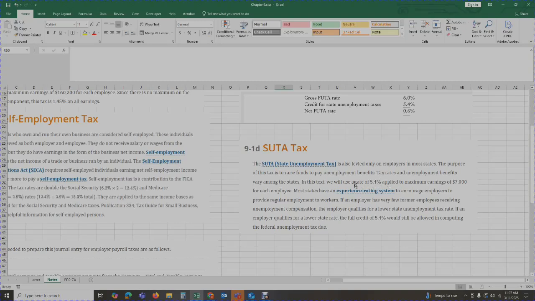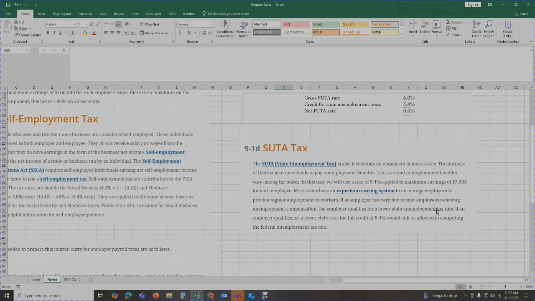Okay, so we are given a rate of 5.4% on the first $7,000 of earnings. Okay. If an employer has very few former employees receiving unemployment compensation, the employer qualifies for a lower state unemployment tax rate. It incentivizes you. If people are not going to the unemployment office, why should you pay a higher rate? So your state unemployment tax rate does vary.